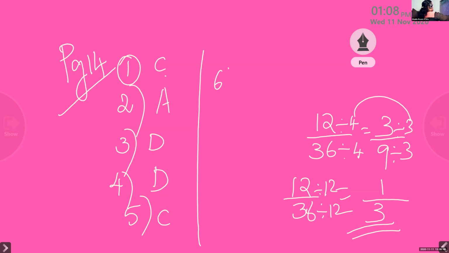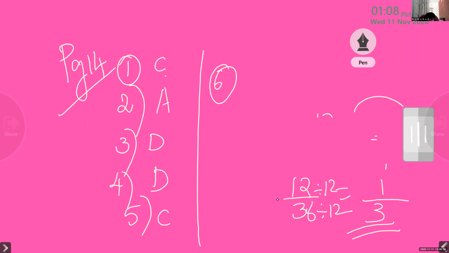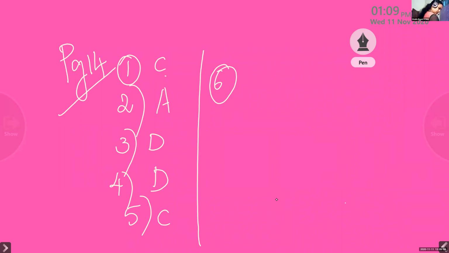Question number 6, page number 14 from the workbook. Read question number 6. HCF of 8 and 20.